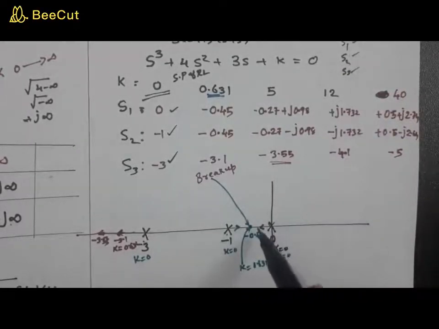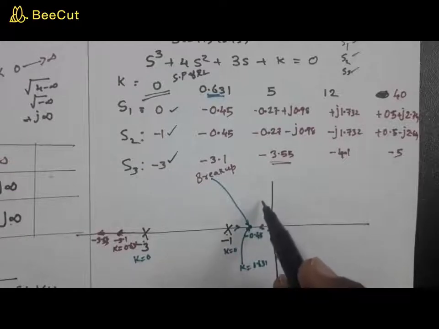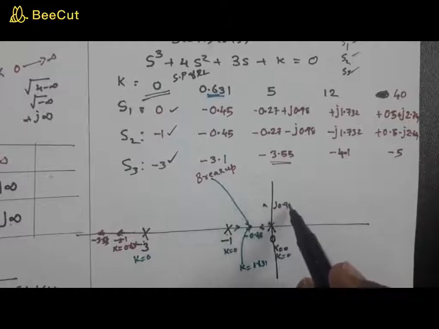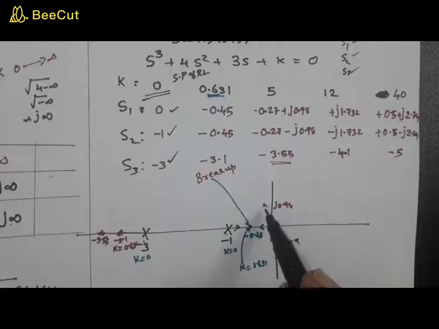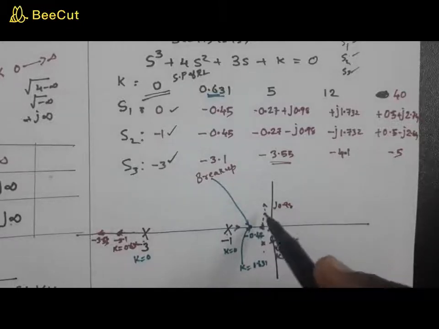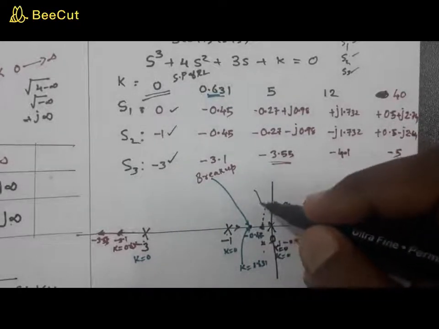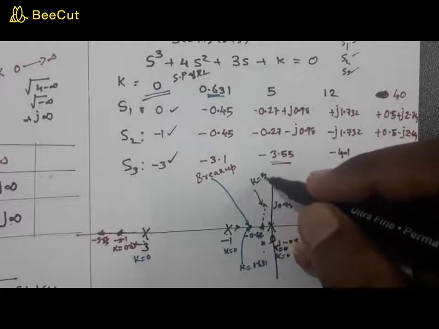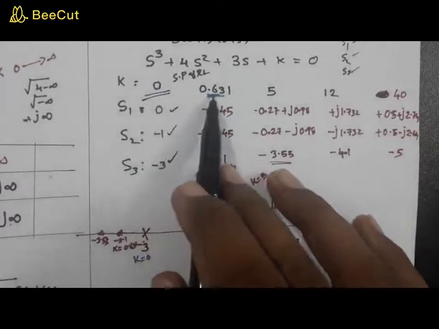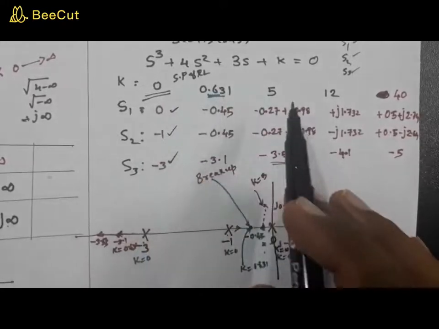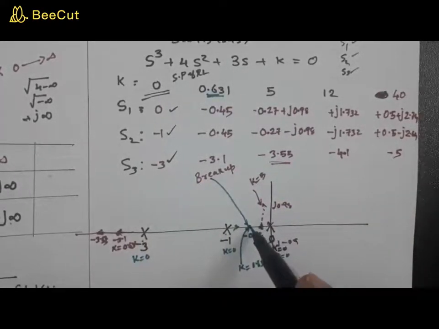What is minus 0.27? It may come around here. So this is minus 0.27, with j0.98 and minus j0.98. This is also minus 0.27. So this is the point obtained at k is equal to 5. k is being varied from 0 to 0.631, and at the breakaway point it breaks up and moves.